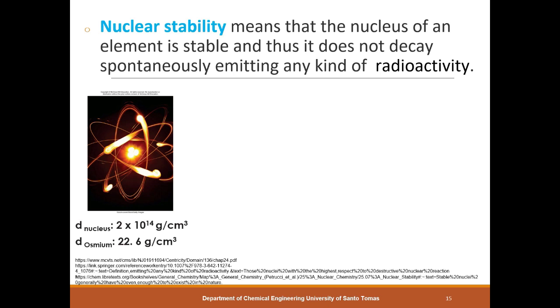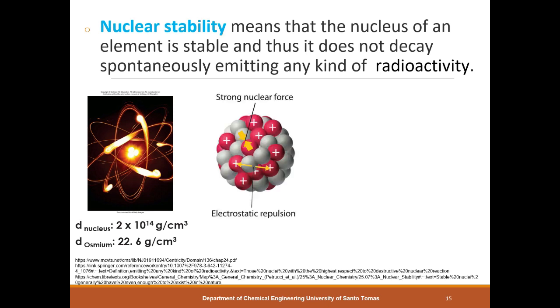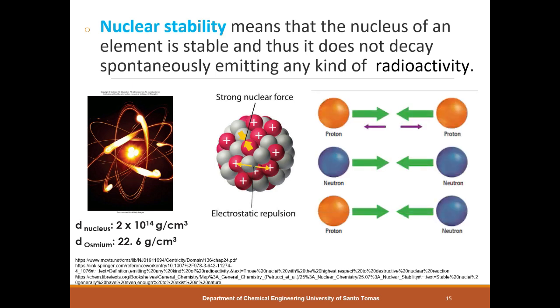The enormously high density of the nucleus prompts us to wonder, what holds the particles together so tightly? From Coulomb's law, we know that like charges repel and unlike charges attract one another. We would thus expect the protons to repel one another strongly, particularly when we consider how close they must be to each other. This indeed is so. However, in addition to the repulsion, there are also short-range attractions between proton and proton, proton and neutron, and neutron and neutron.